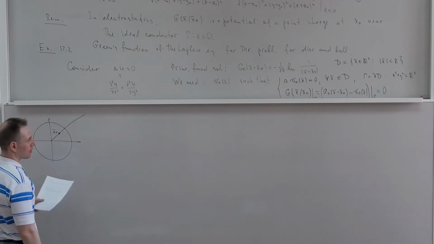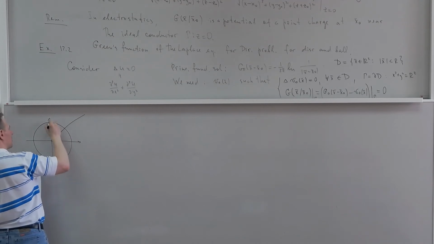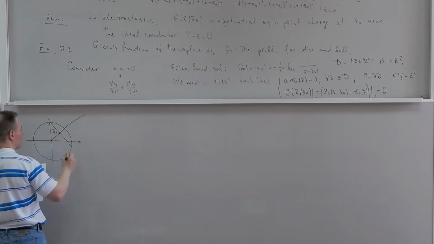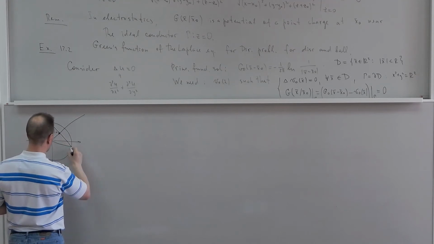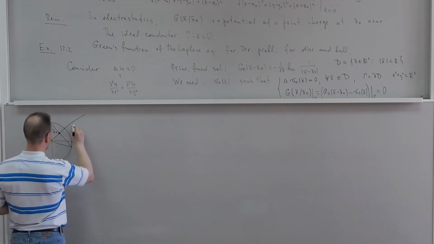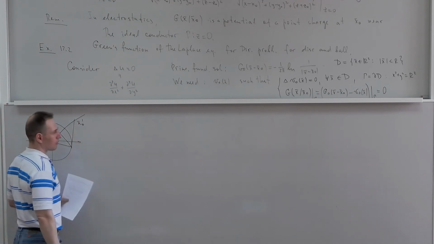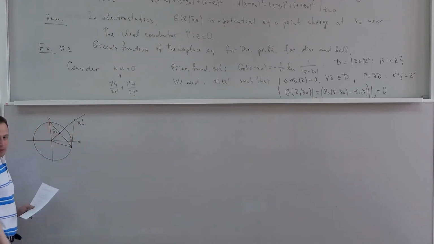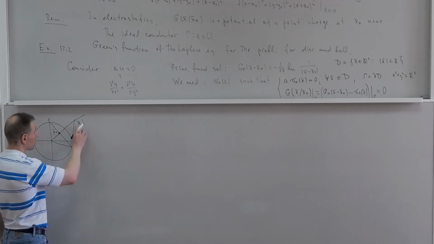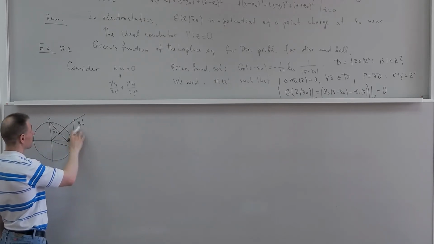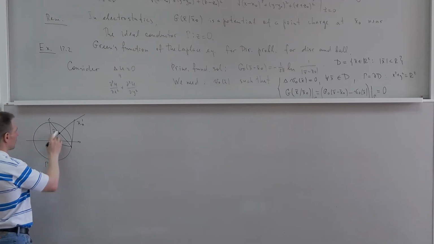We can construct the point x0 prime by means of the construction known to you from the course of conformal mappings, and this point is called symmetrical with respect to the circle gamma.